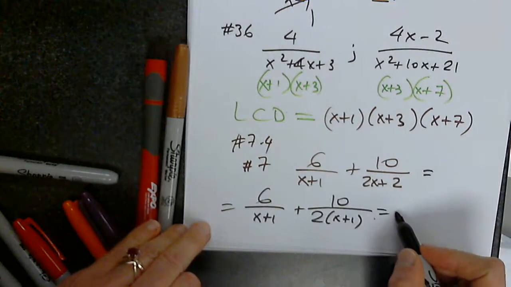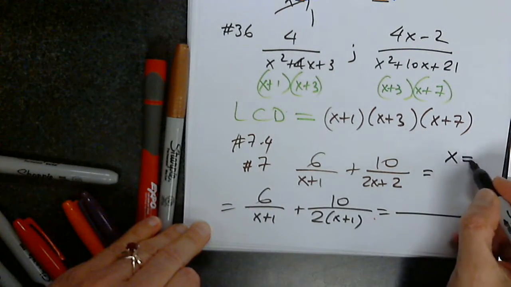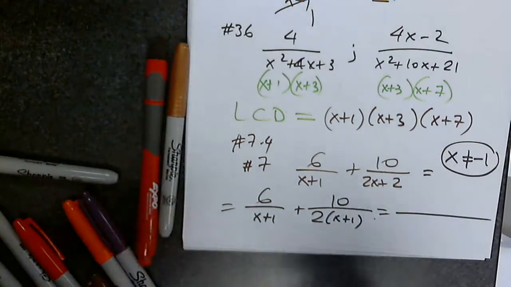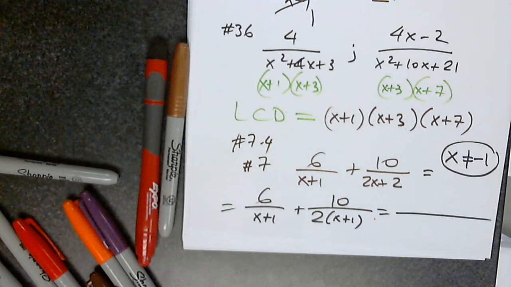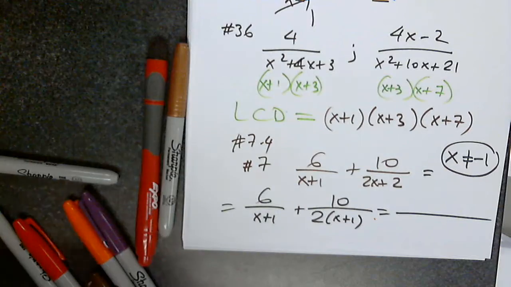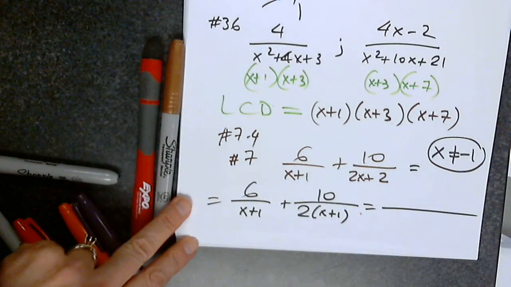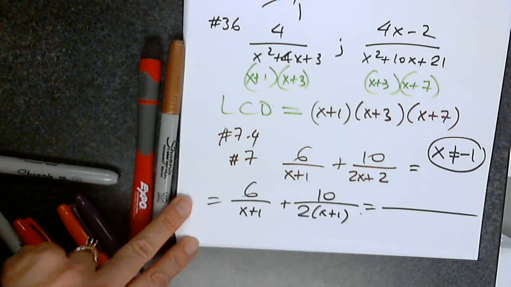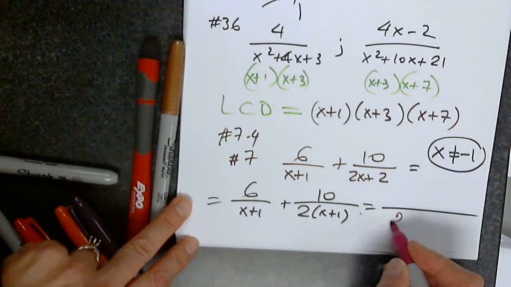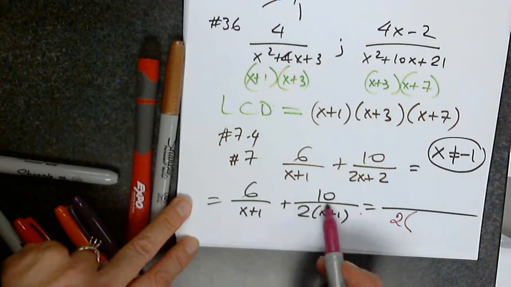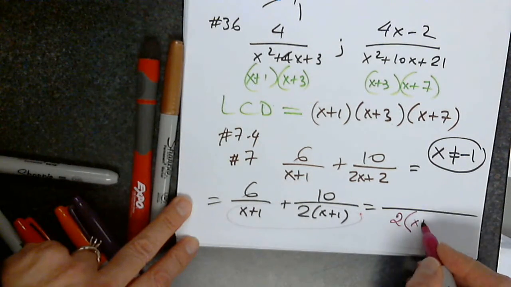All different factors have to be in the least common denominator, and x cannot be negative 1. That's the only restriction. So what do I write? What is the least common denominator then? Say it again. Times all different factors. 2 times x plus 1.